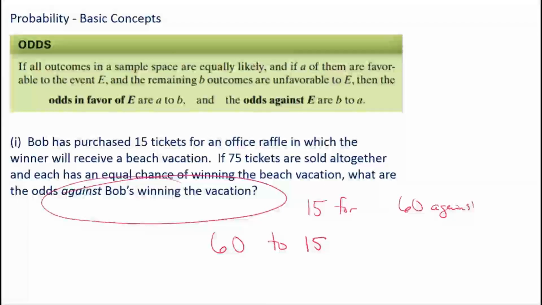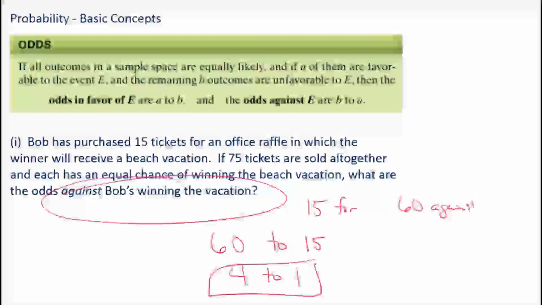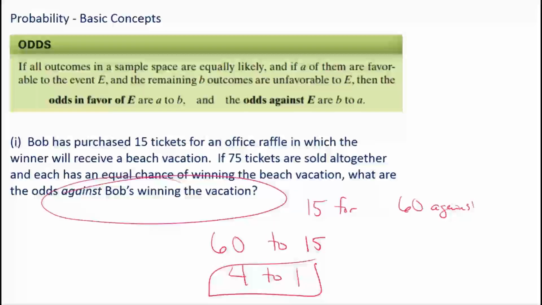And you know that 60 divided by 15 is 4. So I have 4, and 15 divided by 15 is 1. So he has a 4 to 1 chance of not winning, but it does mean he has a 1 to 4 chance of winning. So it's a pretty good chance he would win. It's not assured, but a pretty good chance he might win.